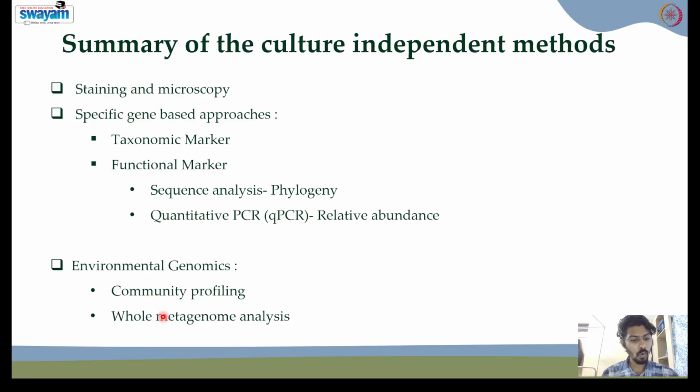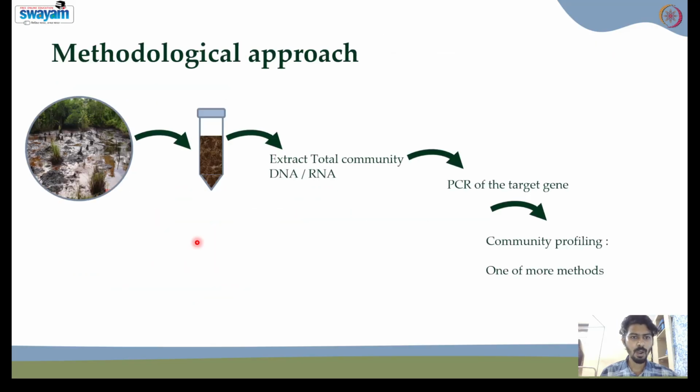We can also go for whole genome or metagenome analysis, where we can analyze all the genetic material information about a microbial community. These are the uses of these specific gene-based approaches with regard to environmental genomics. We will see different culture independent techniques in the upcoming slides, one by one.